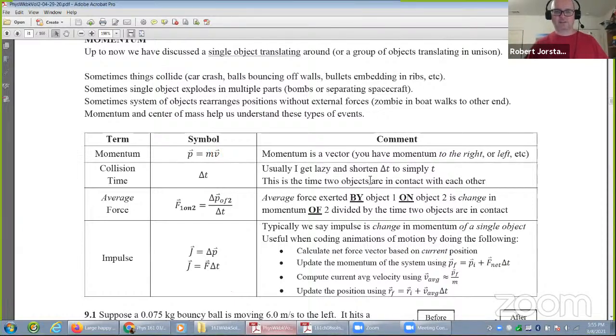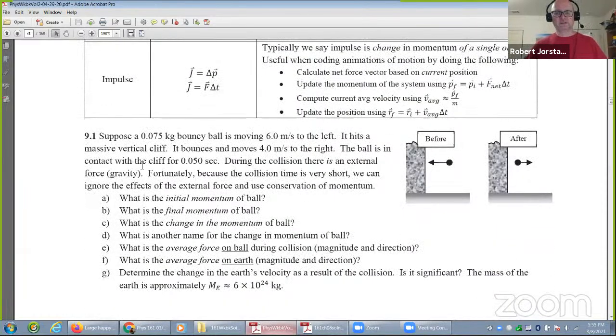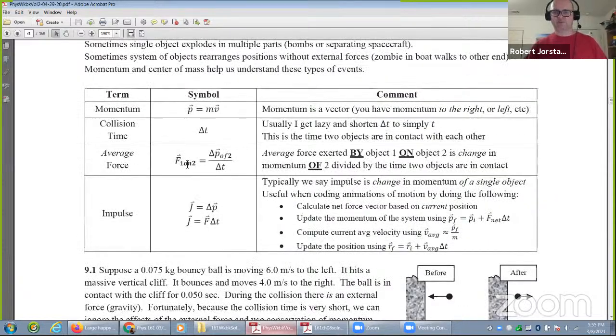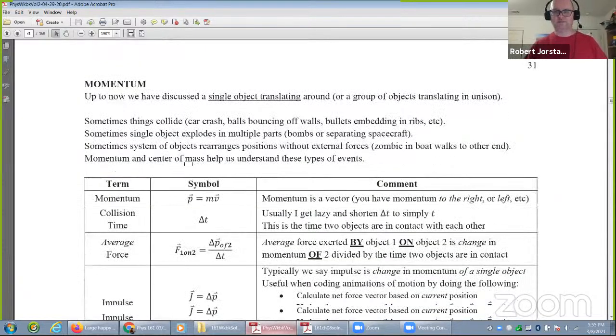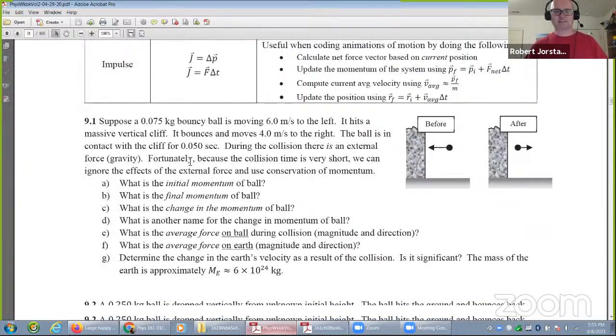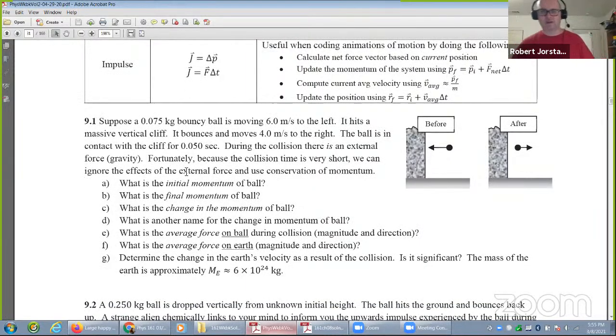Let's start by looking at this problem here. Again, we're using these symbols on page 31 to analyze a simple problem, 9.1. I'm going to take a second to draw this up. You can read it and get it on your paper. Nine point one.